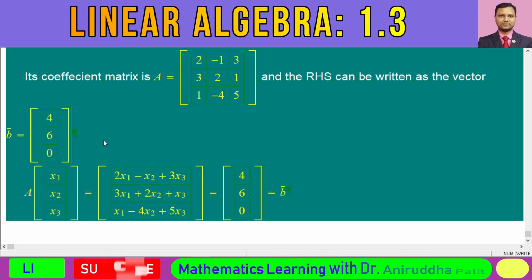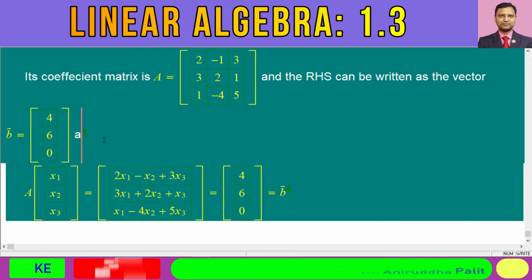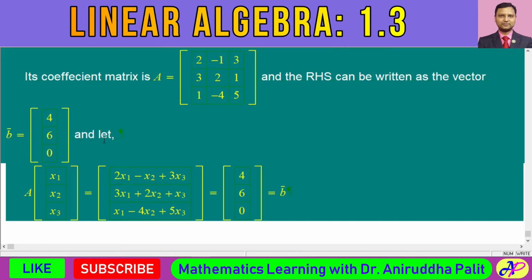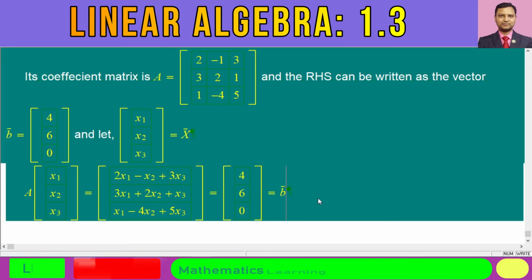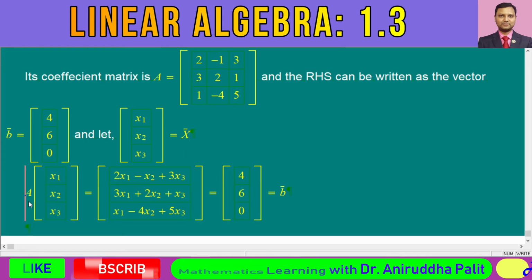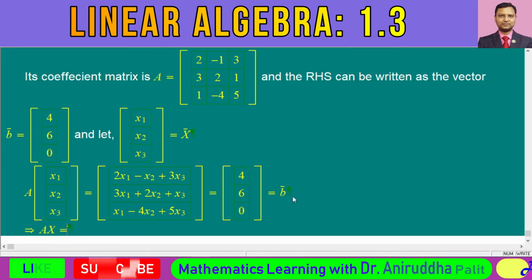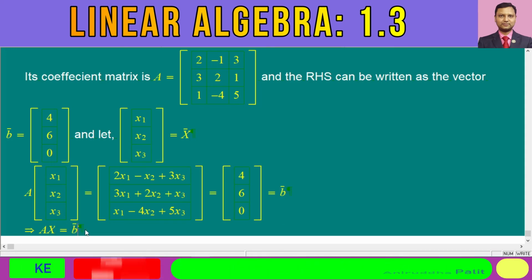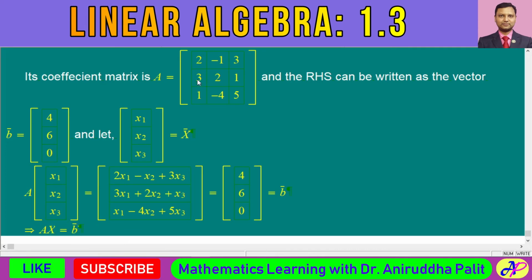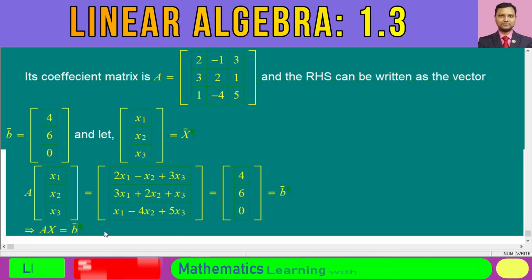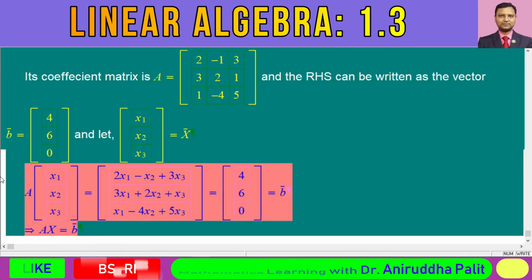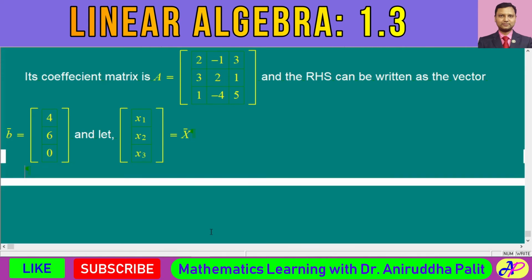So if we suppose this expression is equal to this vector capital X, therefore capital A into X is equal to the right hand side B. So that is the expression Ax is equal to B. Therefore a system of linear equations can be written in matrix form like this: Ax is equal to B. Okay, and in order to solve this kind of system, we consider the augmented matrix. What is augmented matrix?